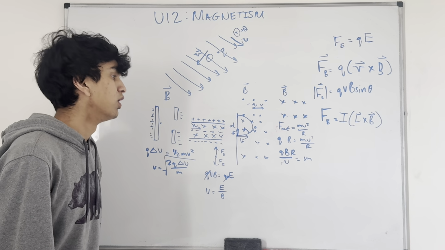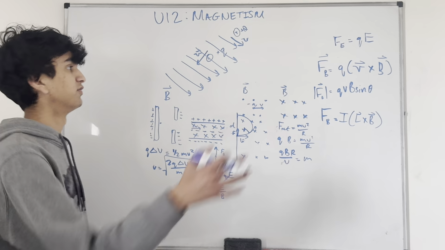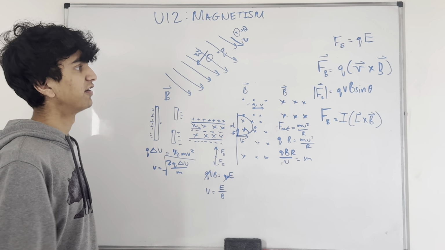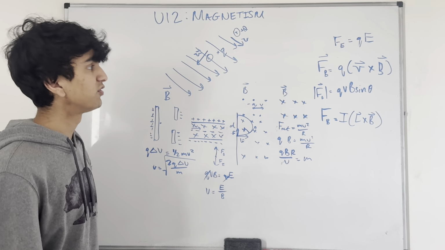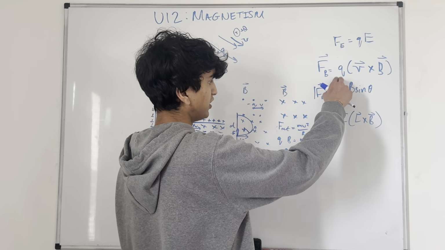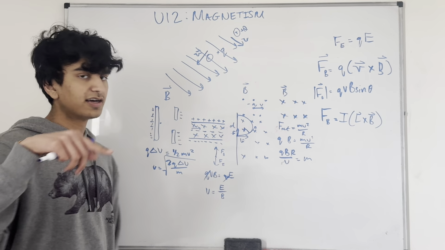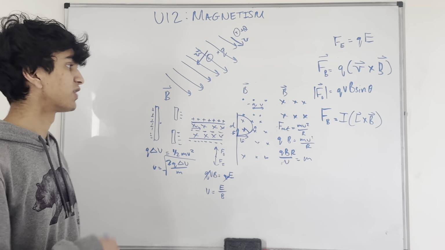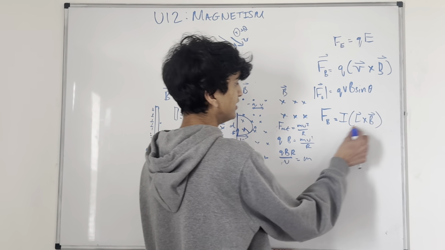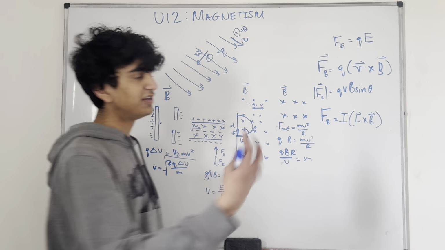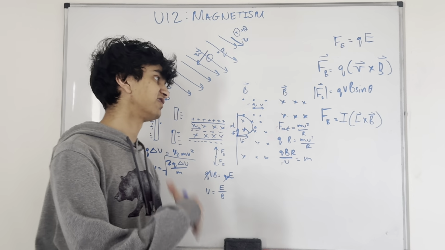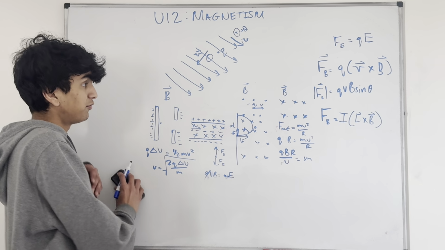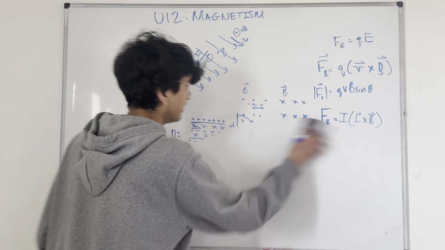Current is really a scalar, but that length vector tells us the direction. And this just comes from Q being equal to I dt, like dq over dt is equal to I. So I dt times v, right? V times dt would end up being distance. So you get ILB.